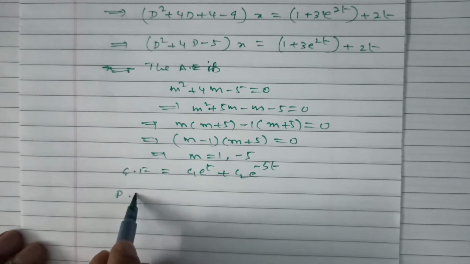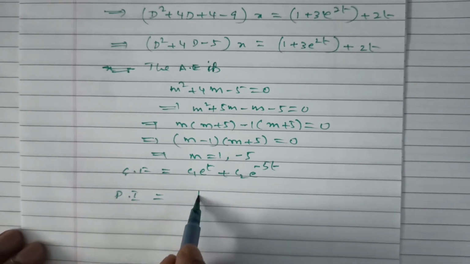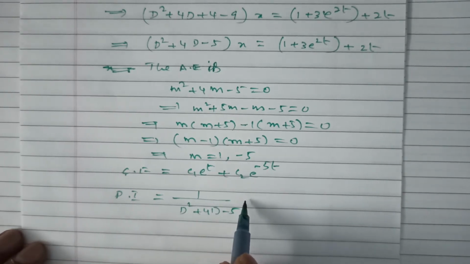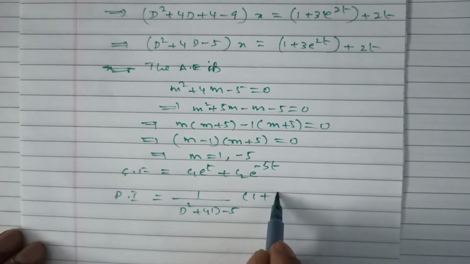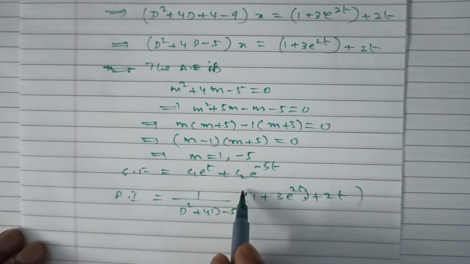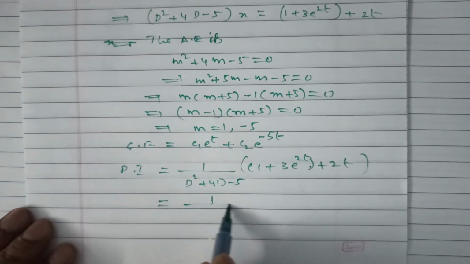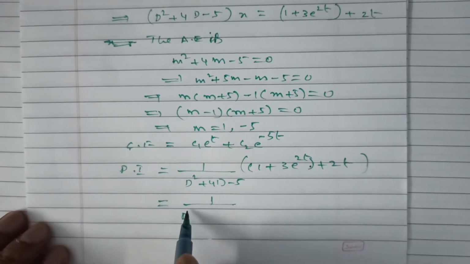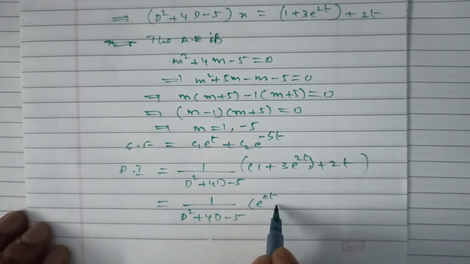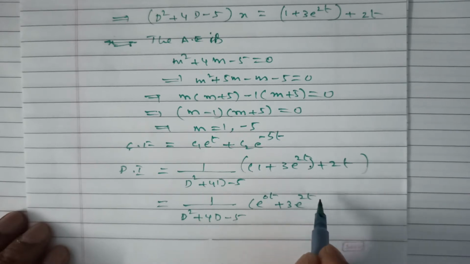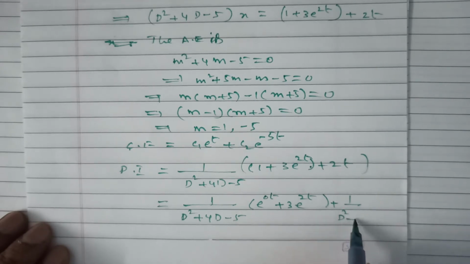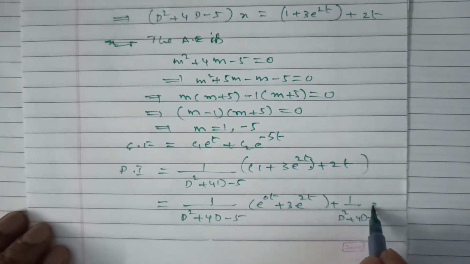Next, PI for x is equal to 1 divided by (D square plus 4D minus 5) into 1 plus 3 e power 2t plus 2t, which is equal to 1 by (D square plus 4D minus 5) into e power 0t plus 3 e power 2t, plus 1 by (D square plus 4D minus 5) of 2t.